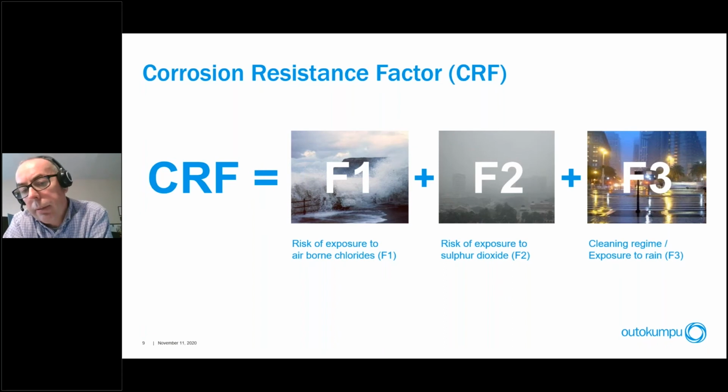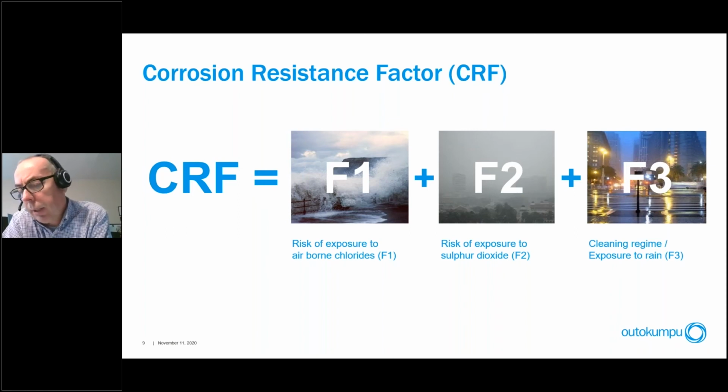And you do a similar thing for factor F2, which is about exposure to pollution. In most of Europe, factor F2 is likely to be 0, especially in coastal areas, because there's very little pollution in coastal areas. But where there is an industrial atmosphere, then you would need to know the typical sulfur dioxide content to be able to input that into this simple model.